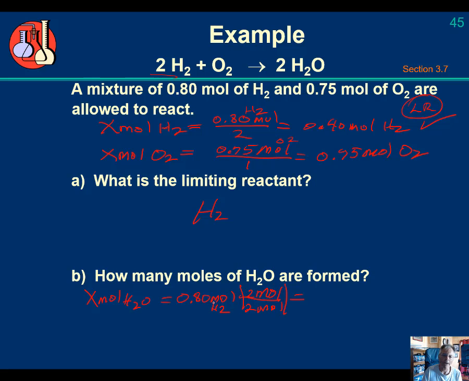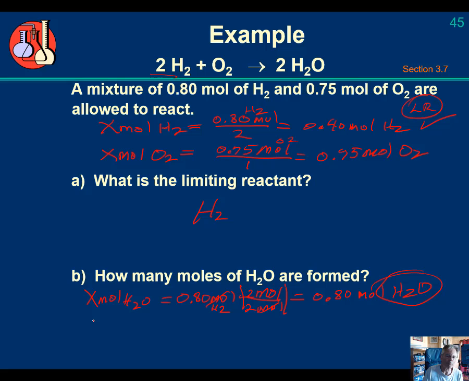When I do the math, moles of H2 will cancel. That's going to give me moles of water, so 0.8 times 2 divided by 2 is 0.80 moles of H2O, and that's all the water I can make, because my H2 is going to run out before I get to any more than 0.80 moles of water.